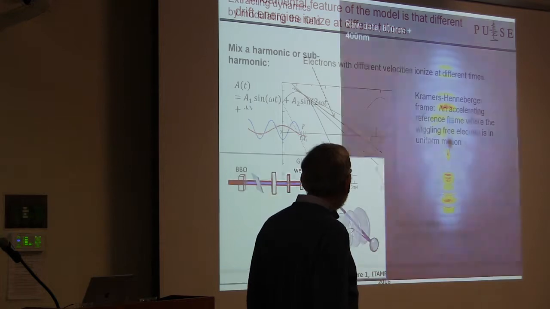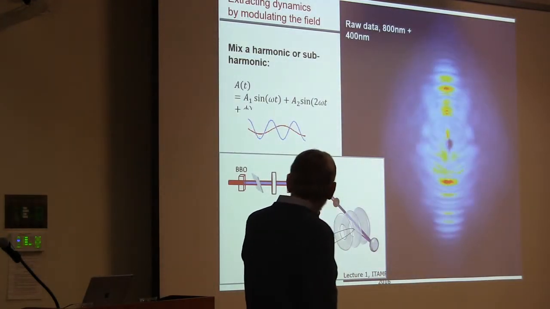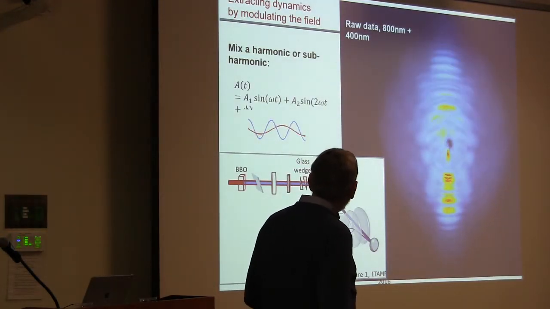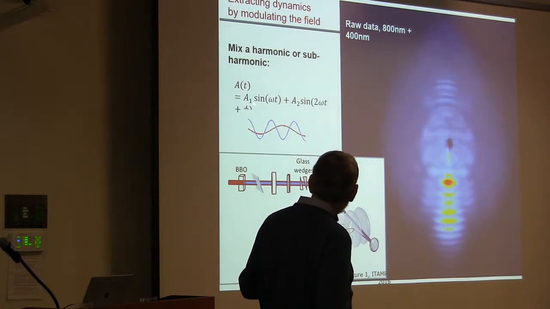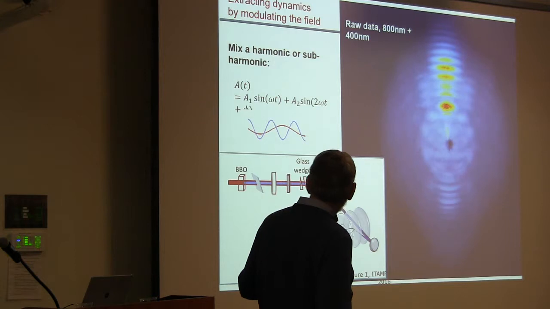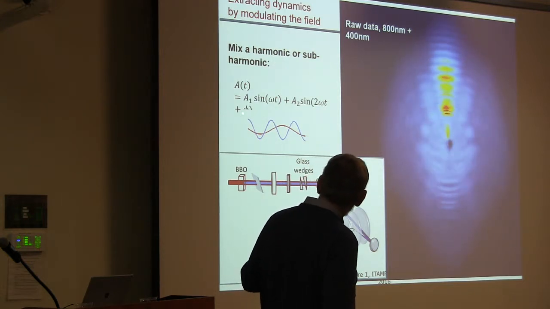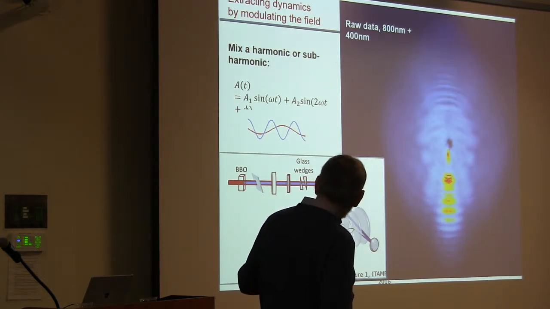Okay, fine. Let's just look at an experiment. We can extract the dynamics by modulating the field with a second laser. So we add a second field. Look at this picture. We strong field ionize our system. That's this blue curve, the oscillating electric field.